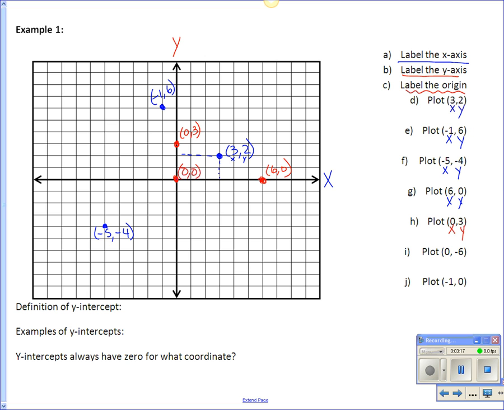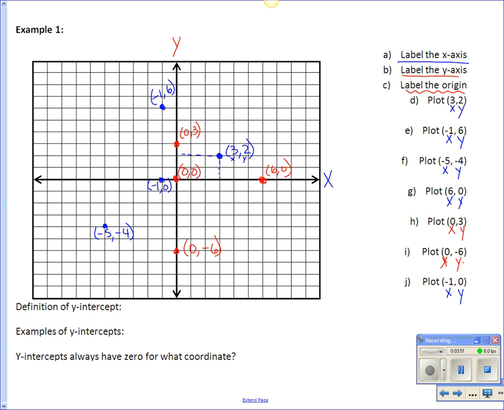The next point, 0, -6, label X and Y. So -6 goes on the Y, so I have to go down 6. 1, 2, 3, 4, 5, 6, and label that 0, -6. The last point, -1, 0, label X and Y. -1 is an X, so it goes on the X axis. So I'll put a point at -1, 0 and label it.